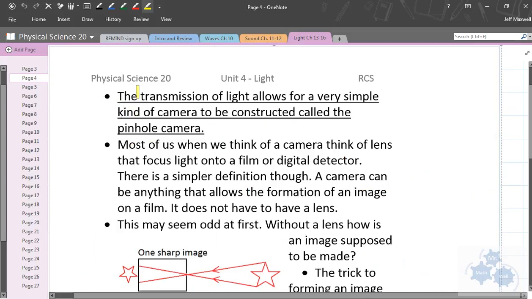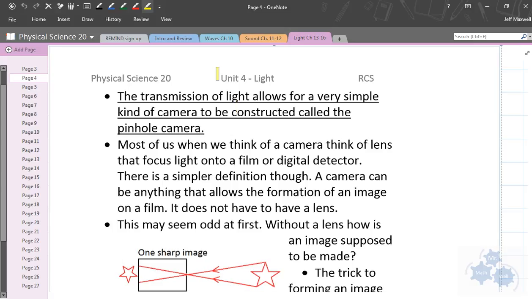So the transmission of light allows for a very simple kind of camera to be constructed, called the pinhole camera. Because light travels in straight lines, we're going to see in this video that we're going to watch in class how a pinhole camera can be made. Literally, a pinhole camera has an opening that's just made by a little pin, so that very few rays of light are able to enter, and you'll see how it works in a second.